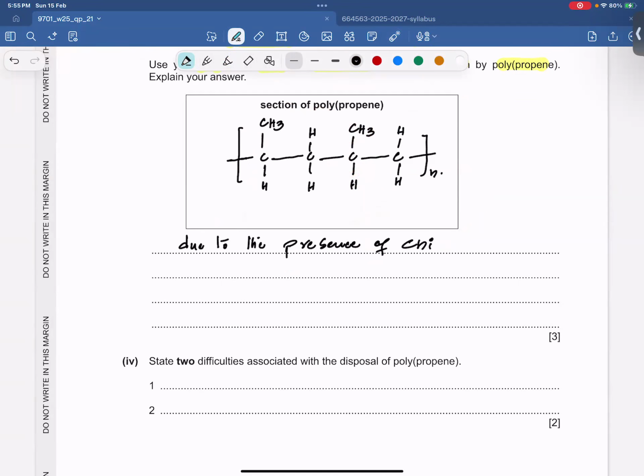Due to the presence of chiral carbon atom, let me show the chiral carbon atom through steric.